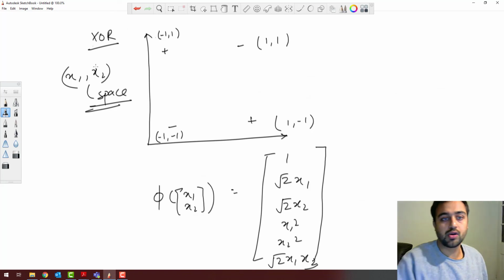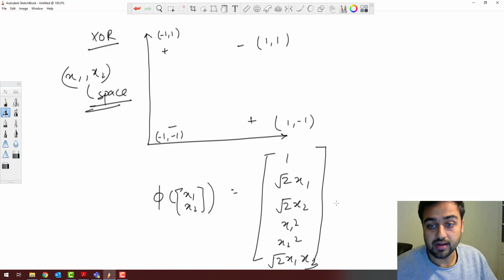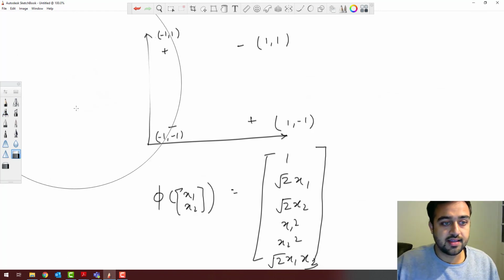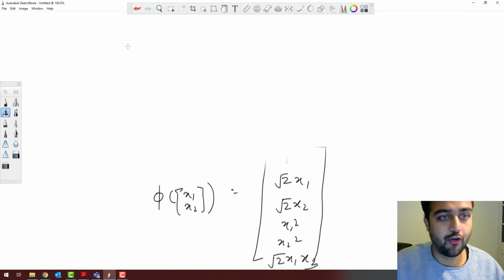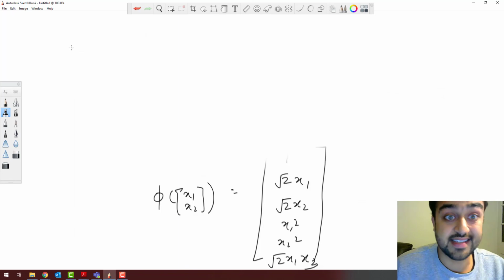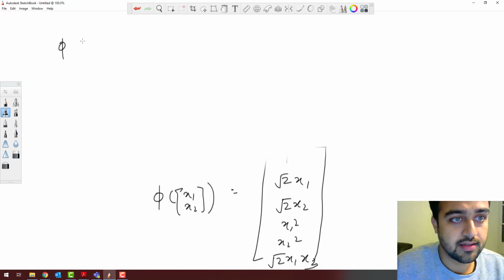Yes, we are projecting these 2-dimensional features into a 6-dimensional feature space when we are trying to solve our XOR. So using this feature mapping, let's try and describe our 4 points in 6-dimensional space, right?